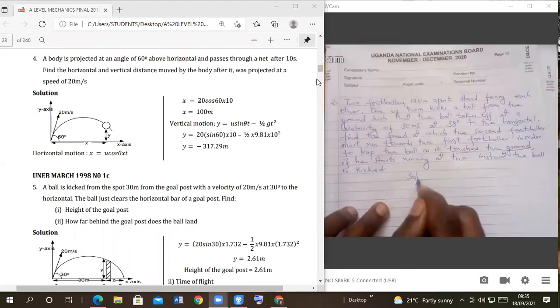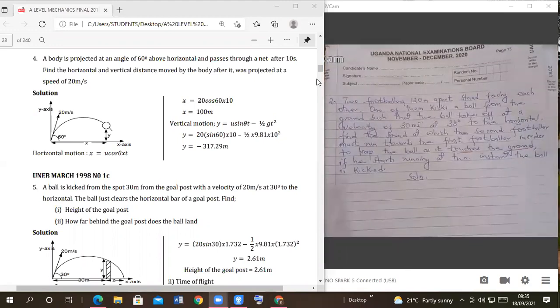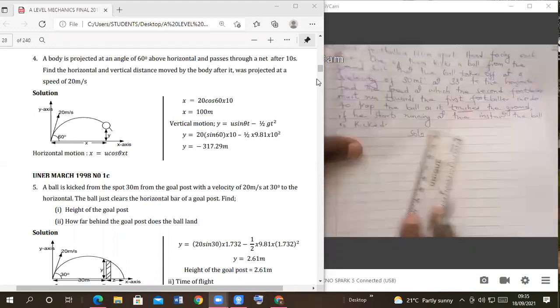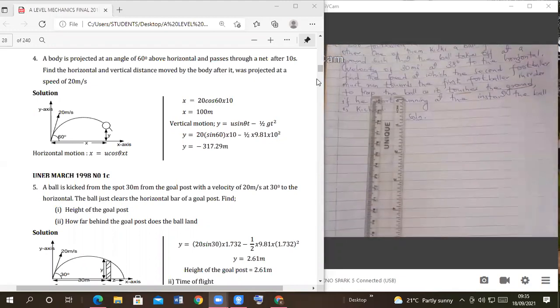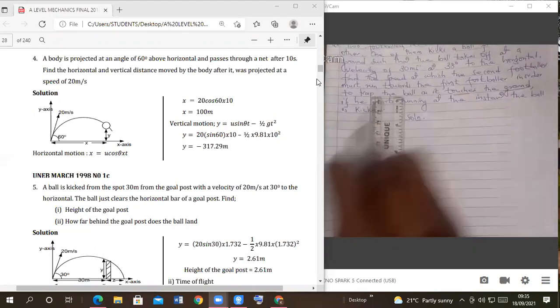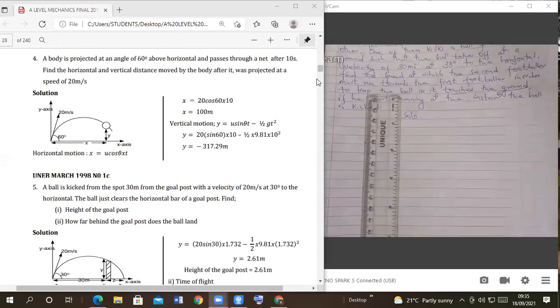What do you understand by that? As it touches the ground, which means you must find the time of flight. Yes, because the ball is now reaching the ground level. So you have to find the time taken from the point of projection up to where the ball will land.